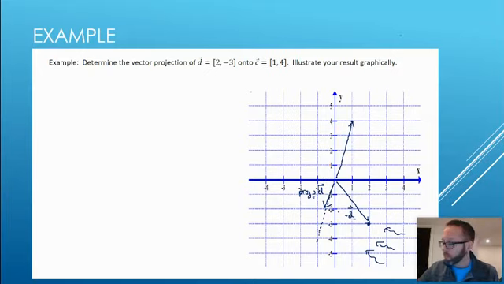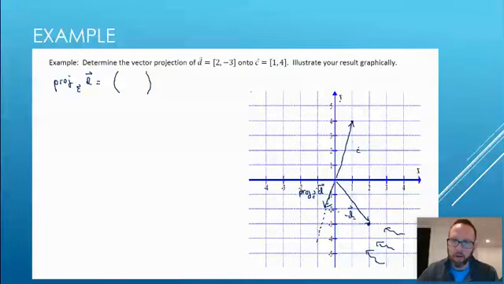So using our formula, we are projecting vector D onto C. If we're projecting onto C, we're going to have a vector that's parallel to C. There's vector C there. So you always have C on the outside.